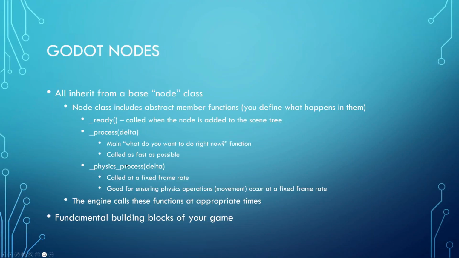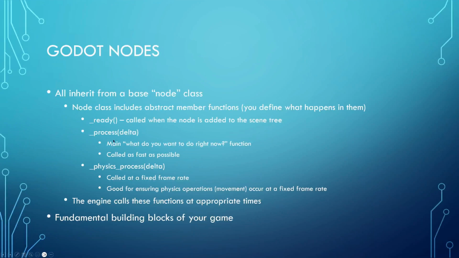Processing frames are called as fast as possible by the engine, which means if you have a really powerful computer, this might be called many, many times per second. Or if you have a very slow computer, it might only be called a few times a second, and you're going to have a really laggy input.